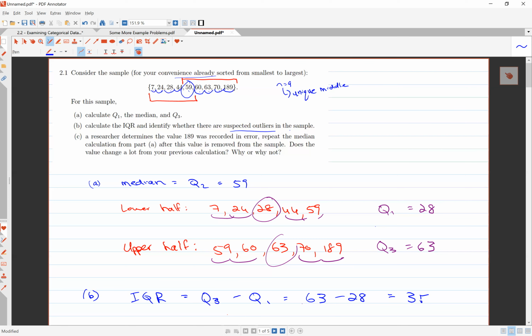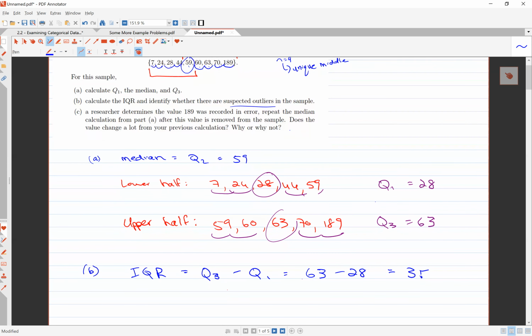And then we want to identify whether there are suspected outliers in the sample. So we have to calculate two thresholds. These are the whiskers, right, from our box plot.